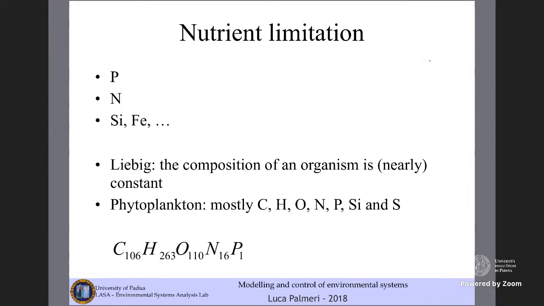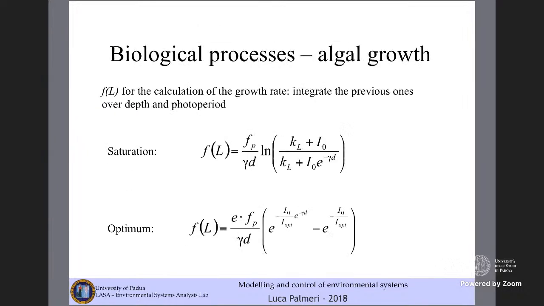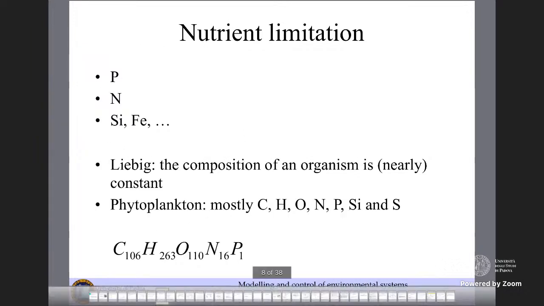So we have seen up to here how to integrate the limiting effects due to light and due to temperature. Now we shall focus on the effect of limitation due to the availability of nutrients, what we call nutrient limitation.